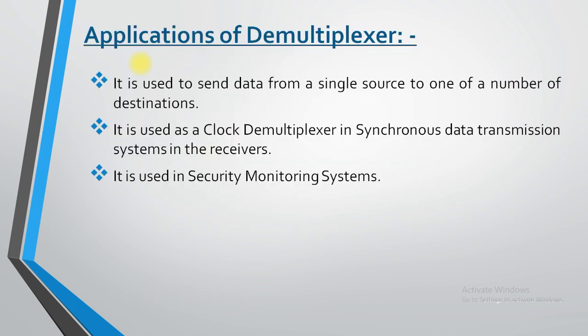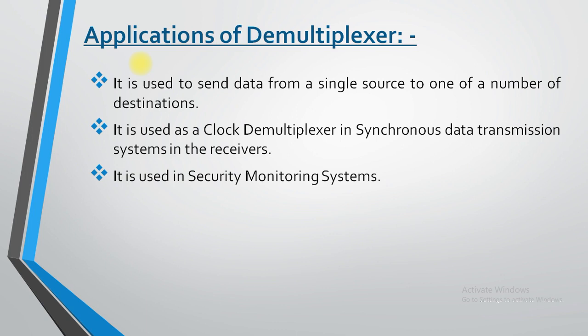There are lots of applications in which demultiplexers are used. Here are a few of them. The first is when there is a requirement to send data from a single source to a number of destinations. At that time you can use demultiplexer.